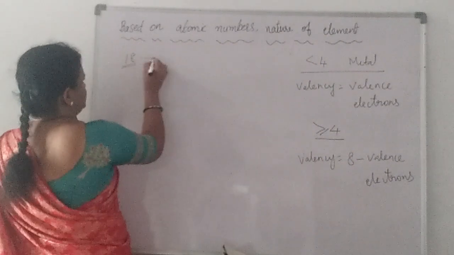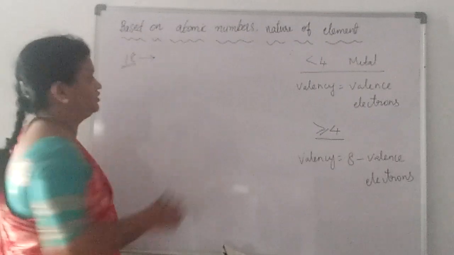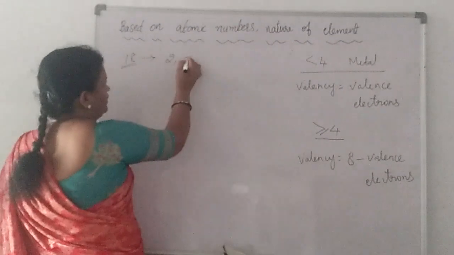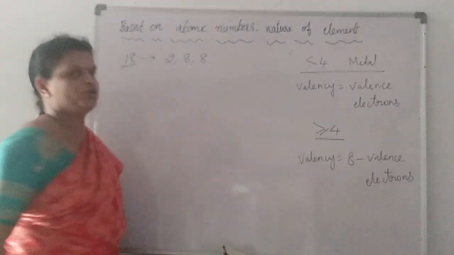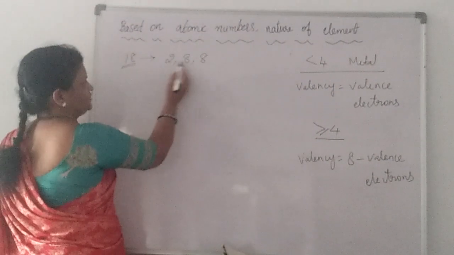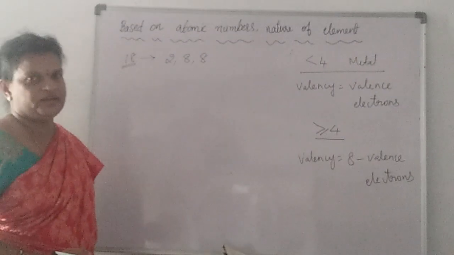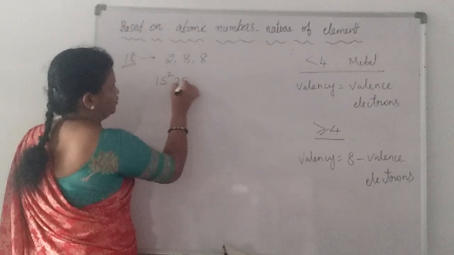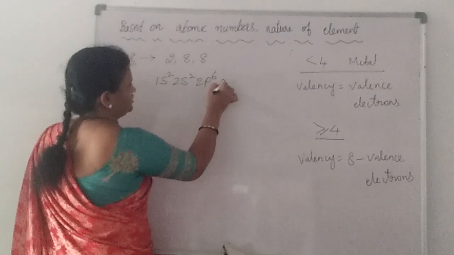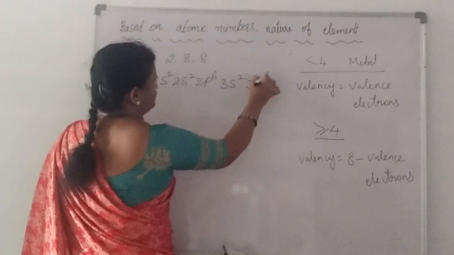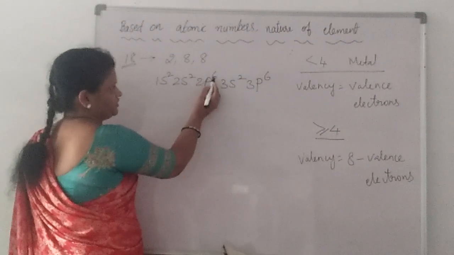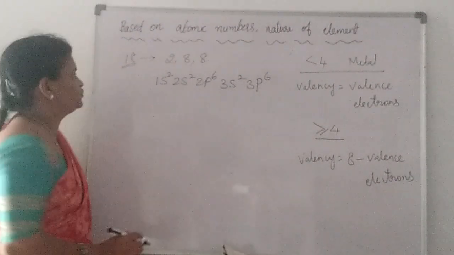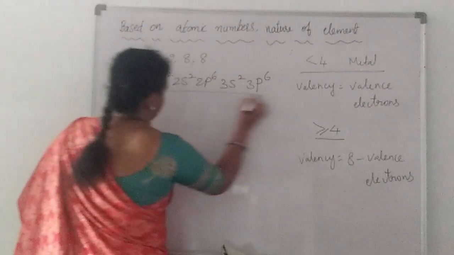Here in this element, if you write the shell method, it is 2, 8, 8. 2 plus 8, 10, plus 8, 18 electrons are present. In the nlx method, 1s2, 2s2, 2p6, 3s2, 3p6. 2 plus 2, 4, plus 6, 10, plus 2, 12, plus 6, 18 electrons we have written. So these 18 electrons are present in this element.